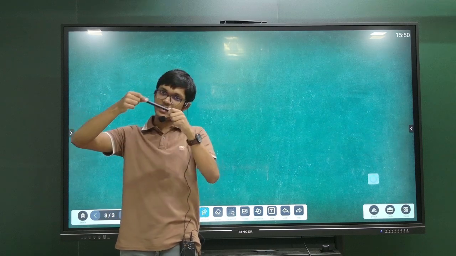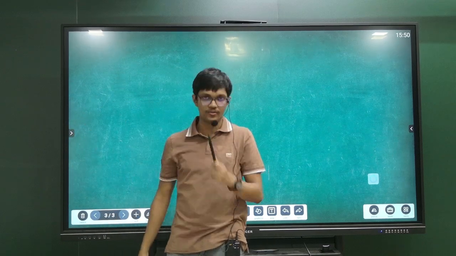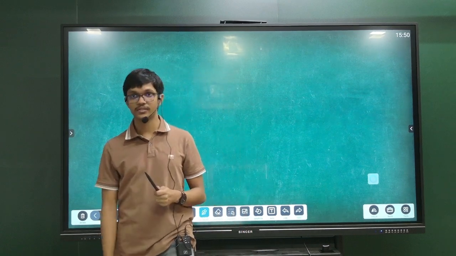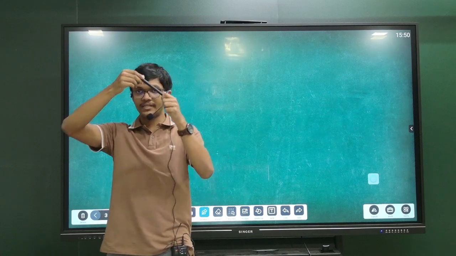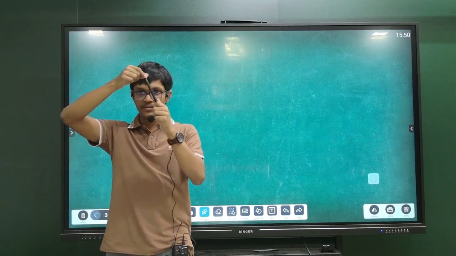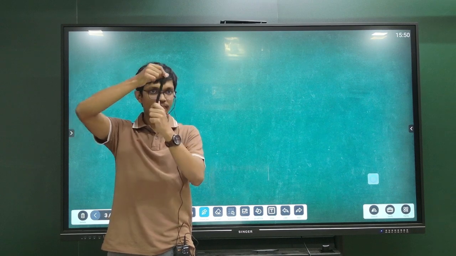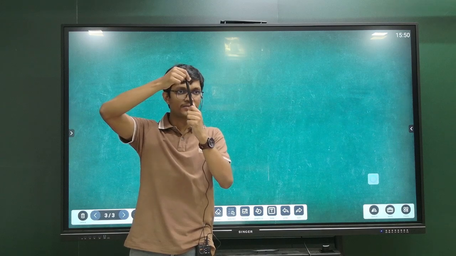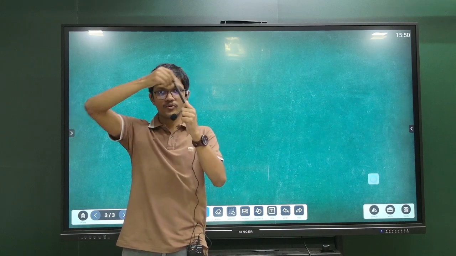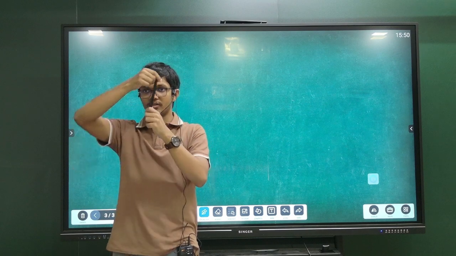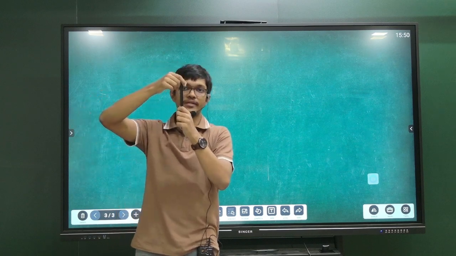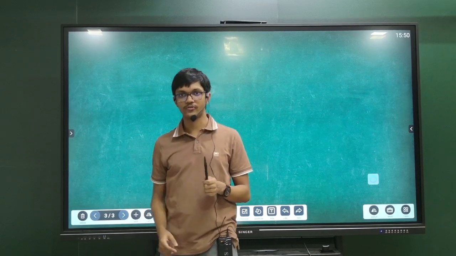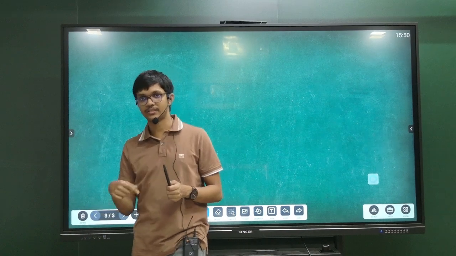So this ability to rotate definitely depends on the magnitude of the force. If you apply a very small force, it will not rotate. If you apply a huge force, it will rotate. But there's another thing that decides this ability.